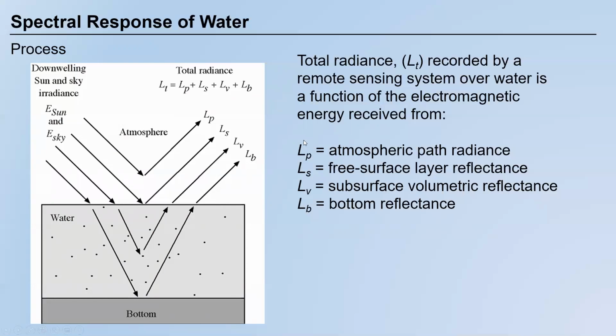We can say that LP is something we do not want in water remote sensing because it has nothing to do with the water body itself. I mean, if you care about cloud or the water in the atmosphere, it might be useful, but in most scenarios, LP is something we do not want because it's about the atmosphere, it's not about water.